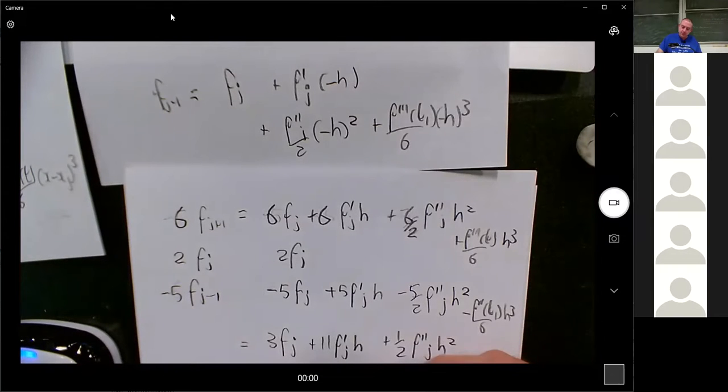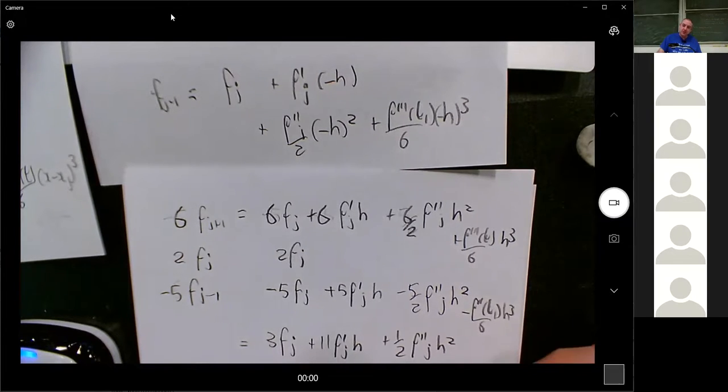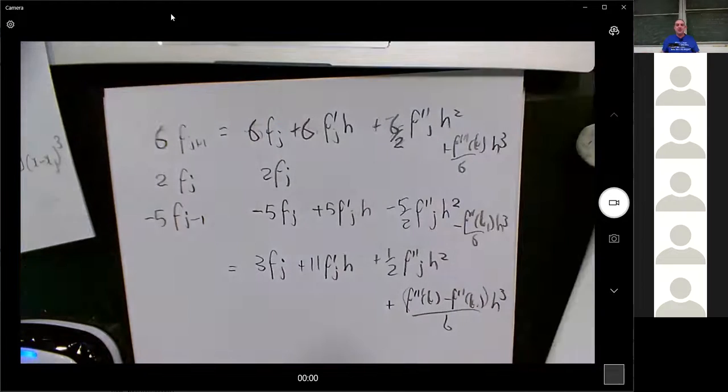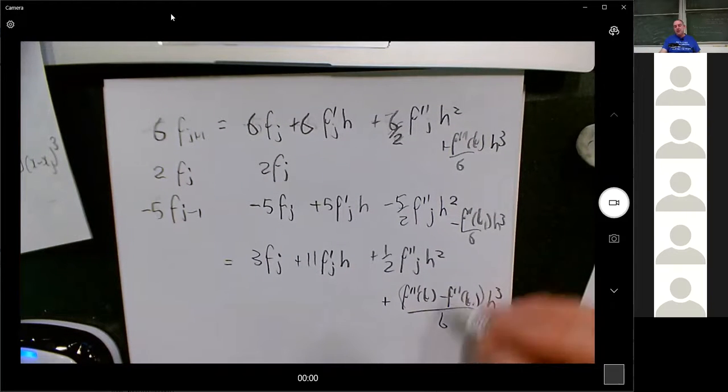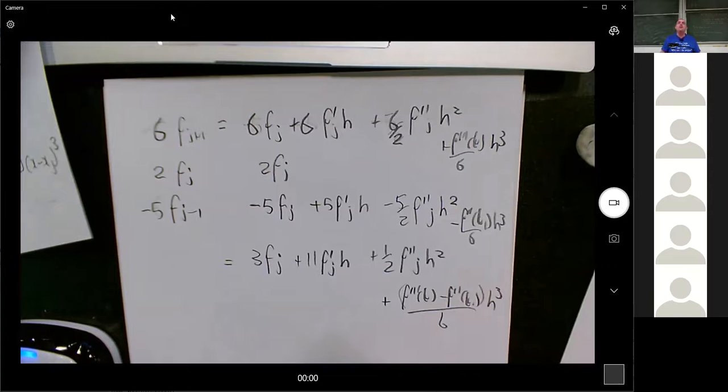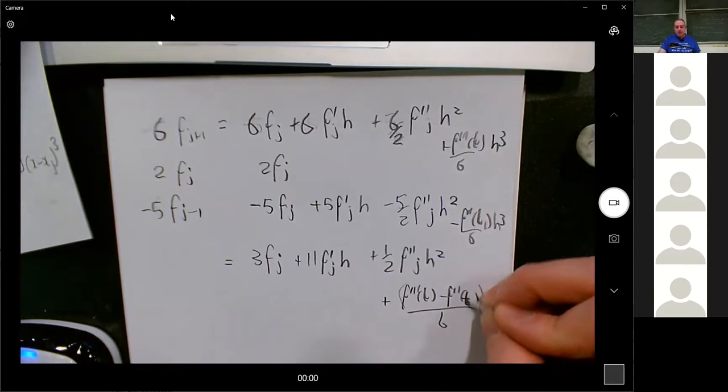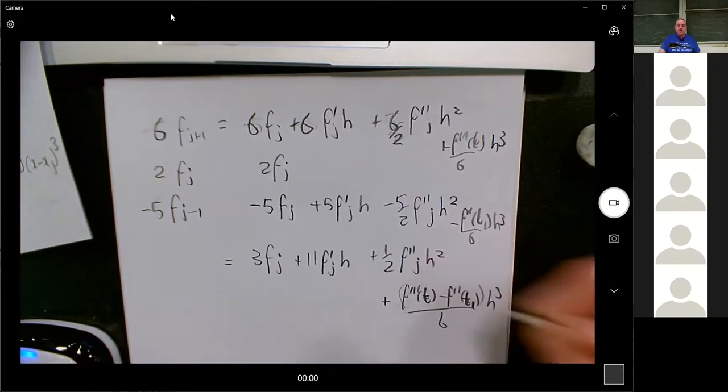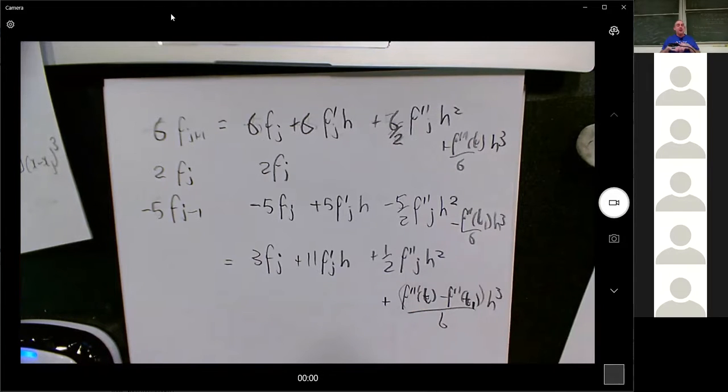And so I've got f triple dash t minus f triple dash t1 on 6 times h cubed here, and I add them together, and that is a multiple of h cubed, so it's big O of h cubed. Because t and t1 are actually fixed numbers, I just don't know what they are.